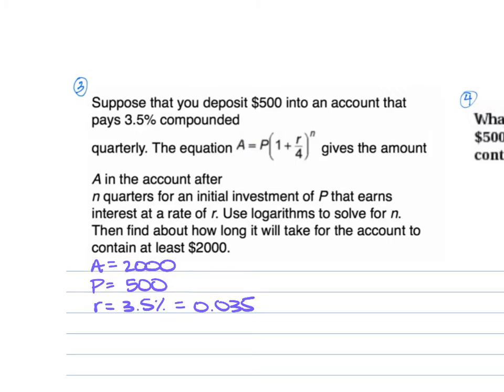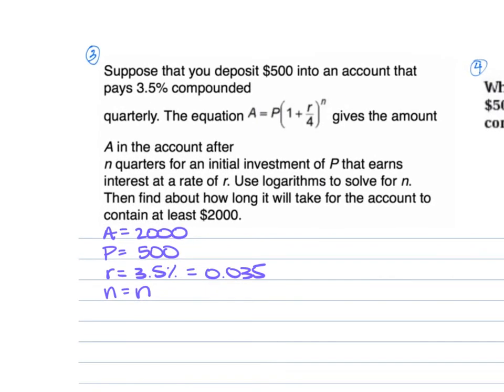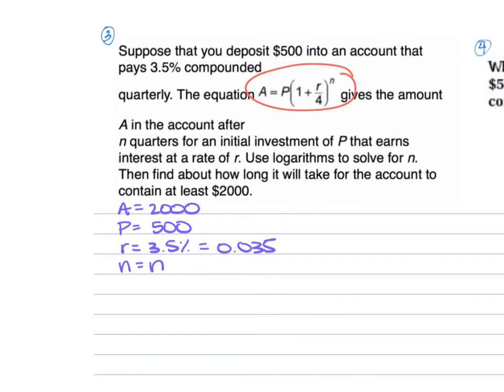And then your time, which is n, is what you're going to find. So plugging this all into the equation, 2,000 is equal to 500 times (1 plus 0.035 all over 4) to the power of n.